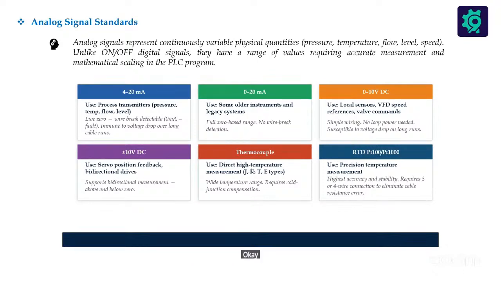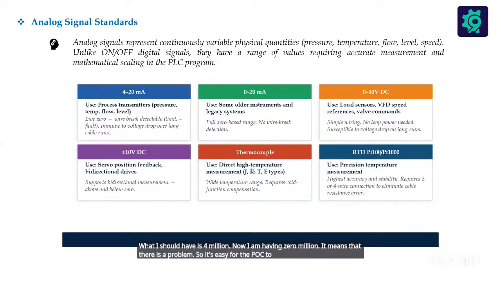So that way it is easy for your PLC to know that there is a wire break here, because normally at the lowest physical quantity, what I should have is 4 milliamp. Now I am having 0 milliamp. It means there is a problem.